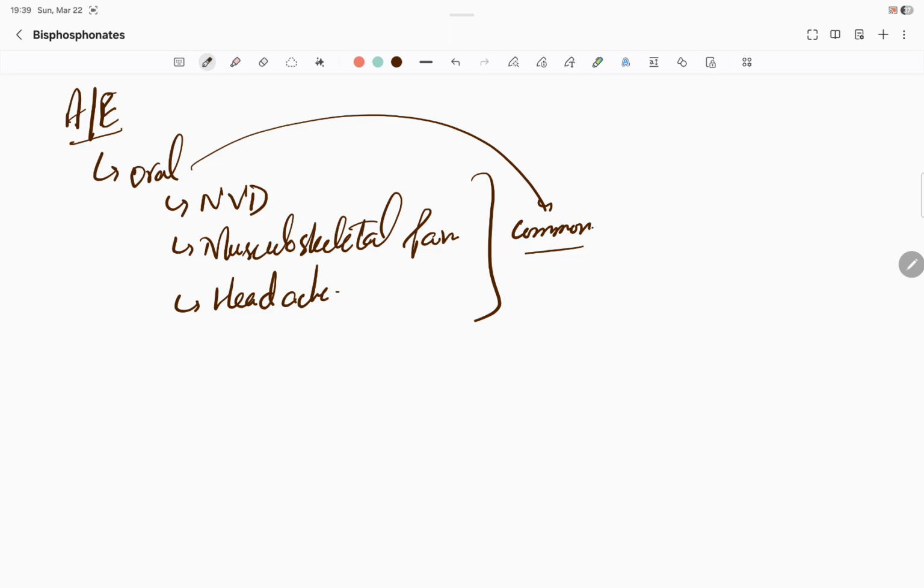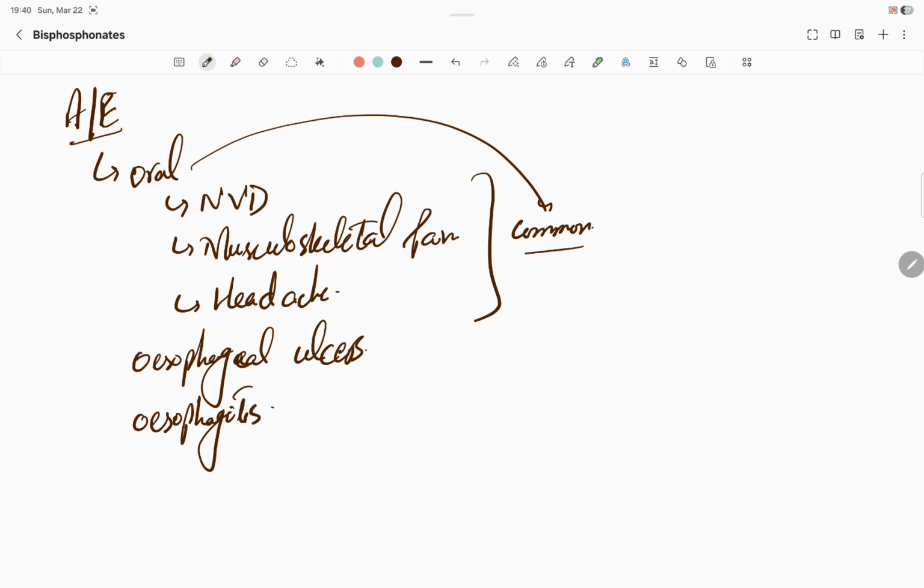What about uncommon or infrequent? Those are also important. I will tell you why. It includes esophageal ulcers, esophagitis, okay, and rash.